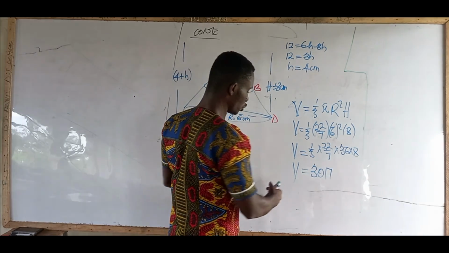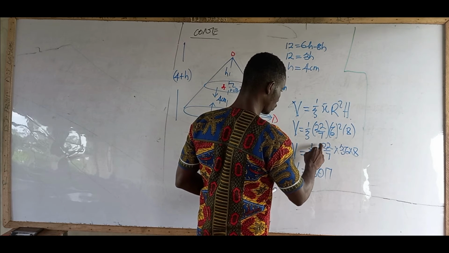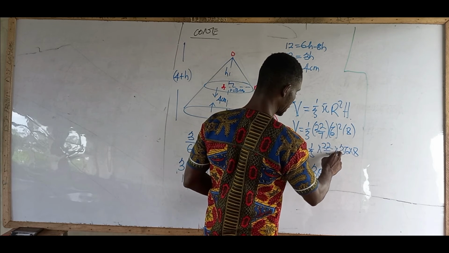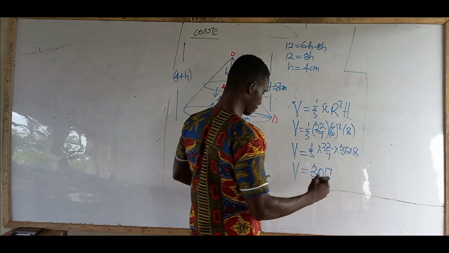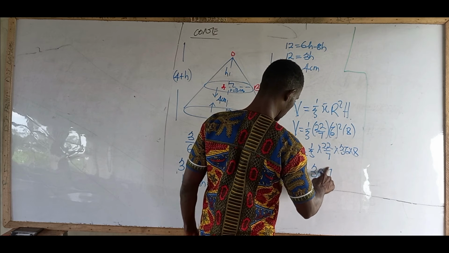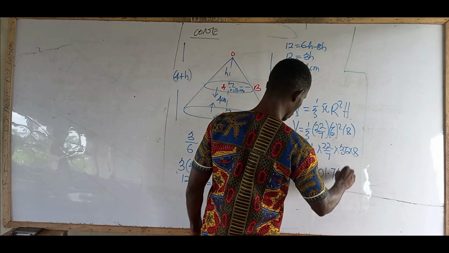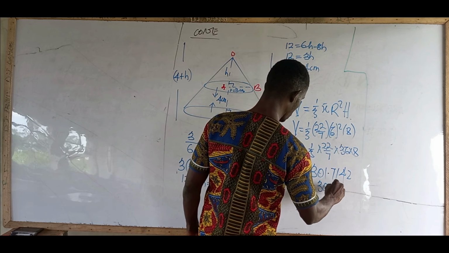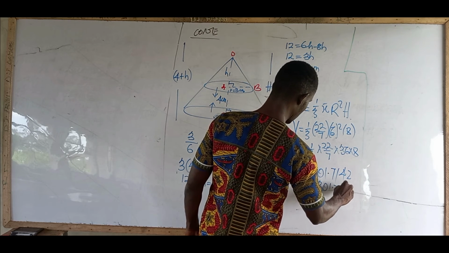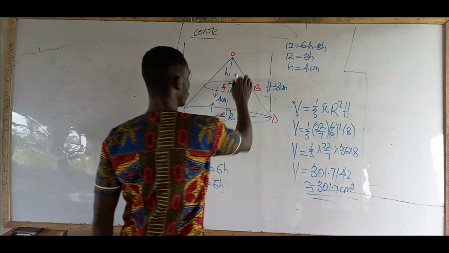So V should be 1/3 times, we press 22 times 36 times 8, then divide the answer by 21. 301.7142, so approximately equal to 301.7 centimeters cube. And that will be the volume for the bigger cone.